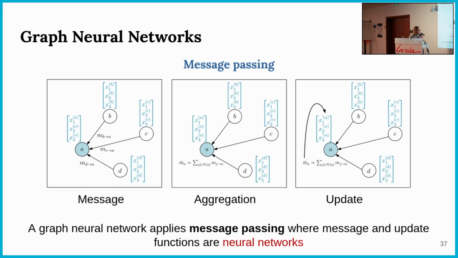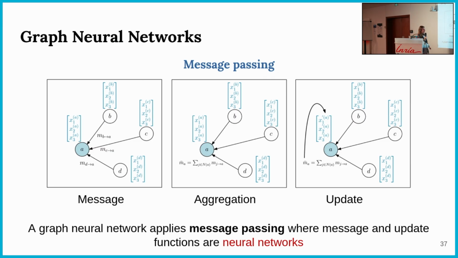So node A has 3 neighbors. The first step of the message passing is the computation of a message. For each neighbor, we apply a function that takes as input the information of the neighbor and the information of the current node A, and so we compute a message. In this case, we have 3 different messages.